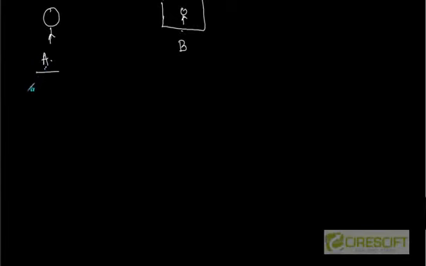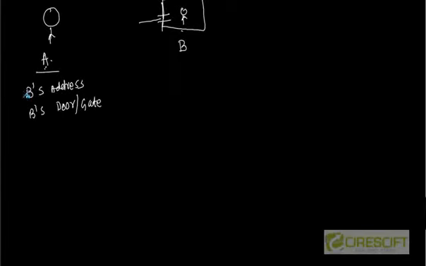The first thing is B's address. Let's say this house of B has only one door, or one way to enter. So that means B's door, or B's gate, or whatever you can call it.